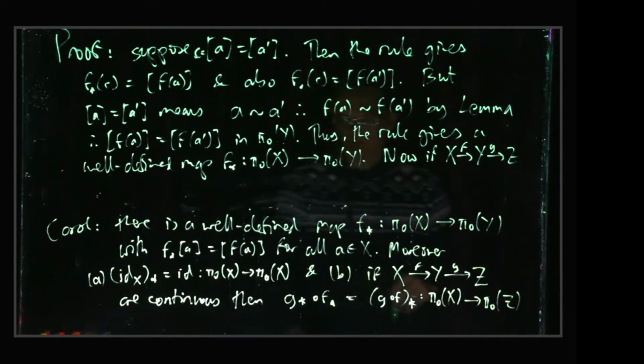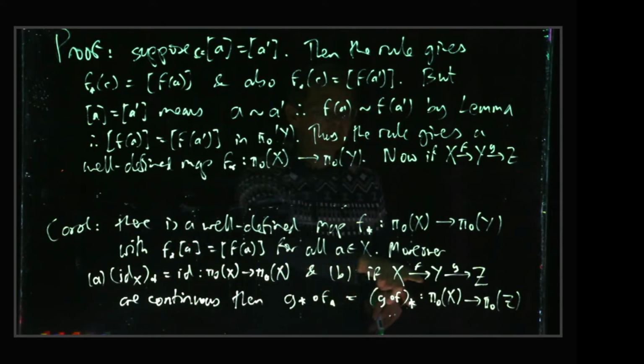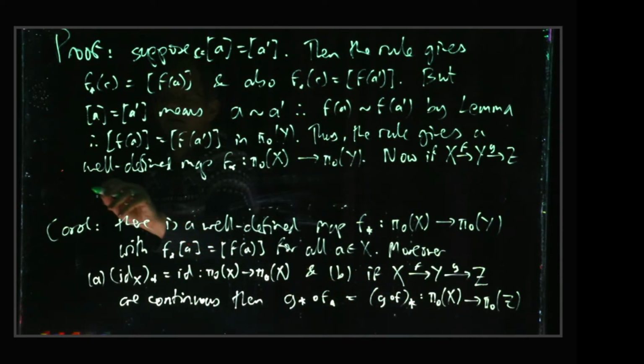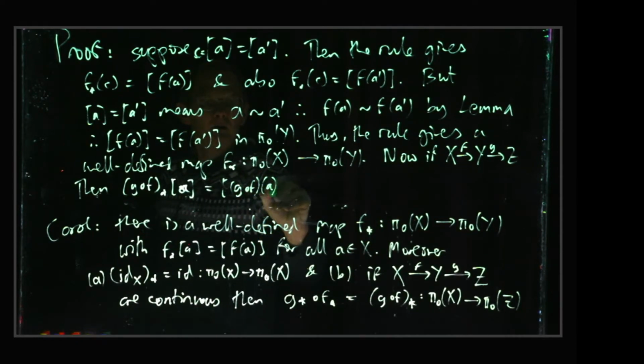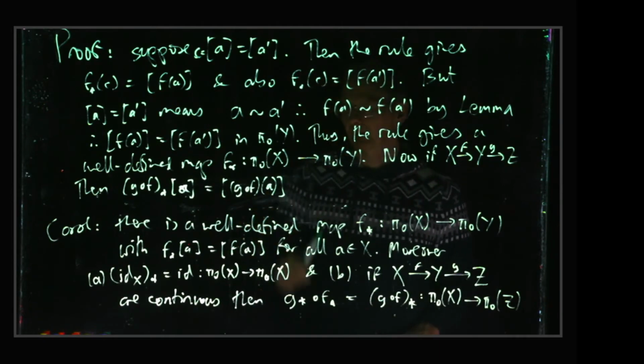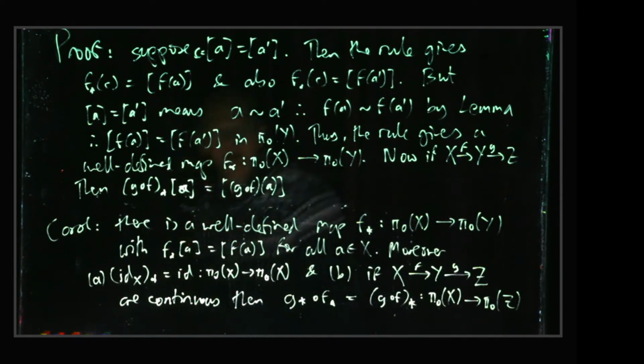Now let's not bother with part A, let's just look at claim B here. Then what have we got? We can look at g lower star composed with f lower star applied to some square bracket A. Well, that's the same as g composed with f applied to A in square brackets.